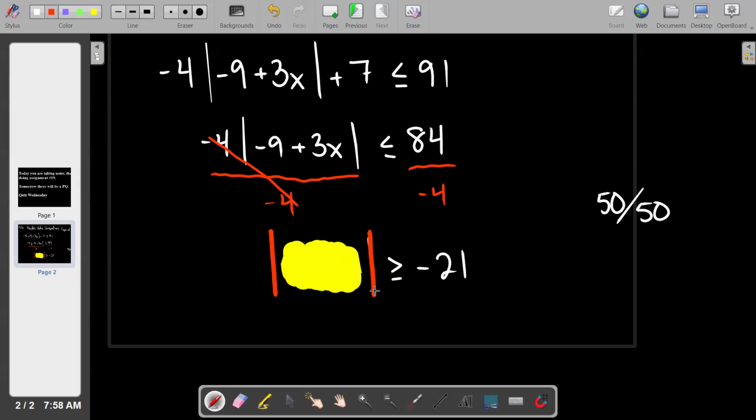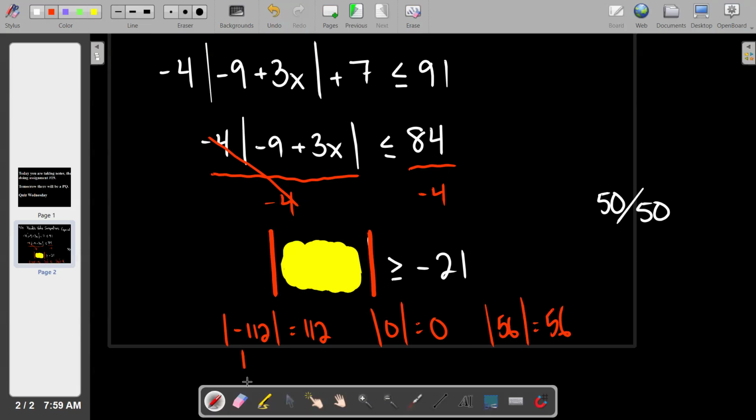So what percentage of the time will the absolute value of some stuff be greater than or equal to -21? Say again? Nope. Here, I'll just make up some absolute values. What's the absolute value of negative 112? 112. What's the absolute value of 0? What's the absolute value of 56?